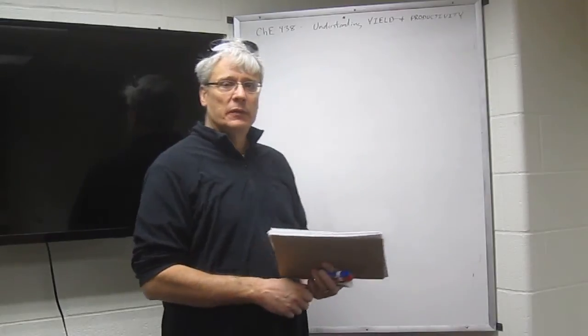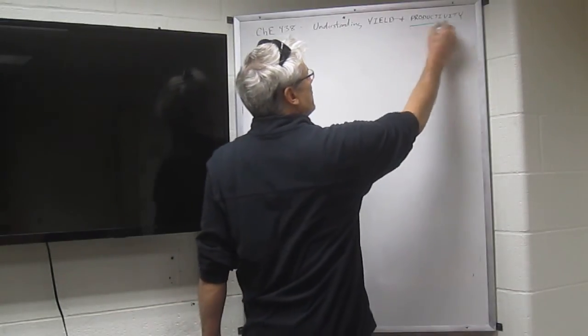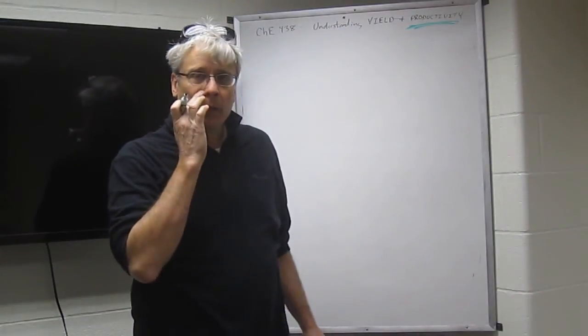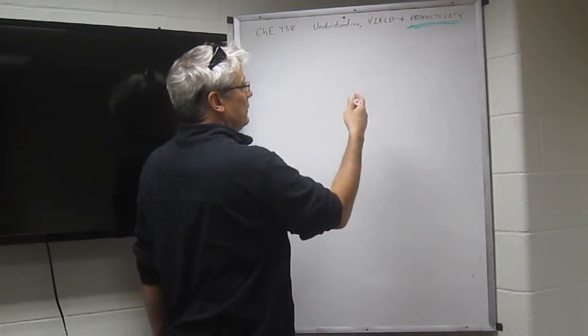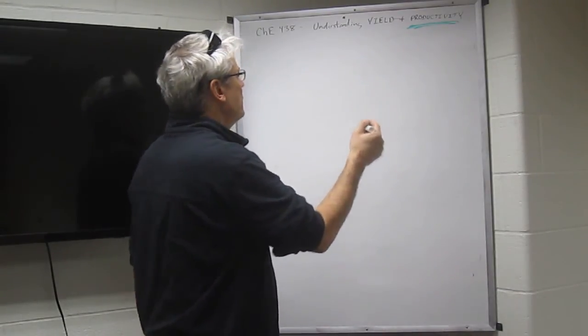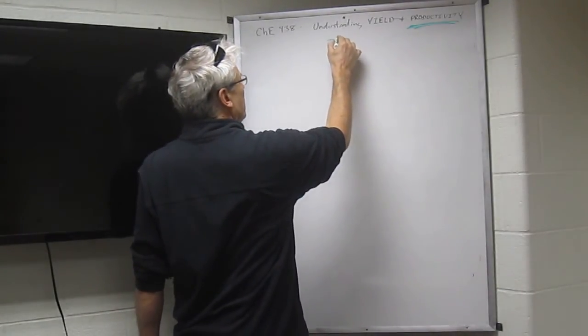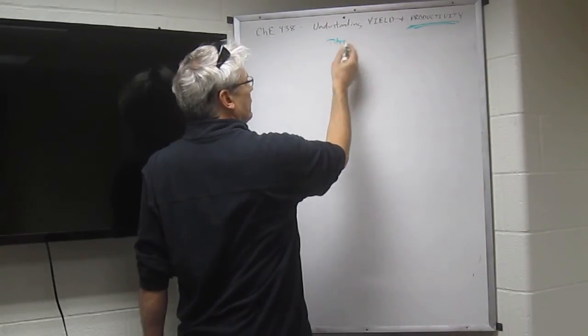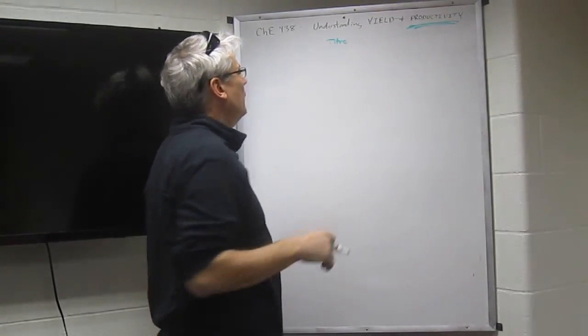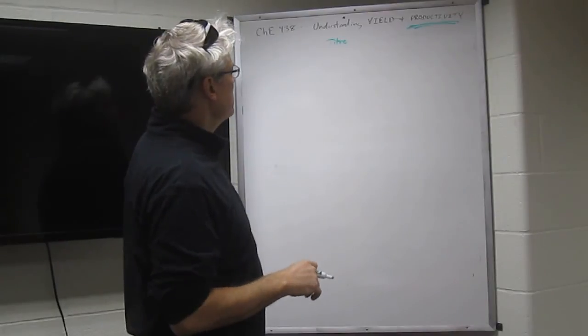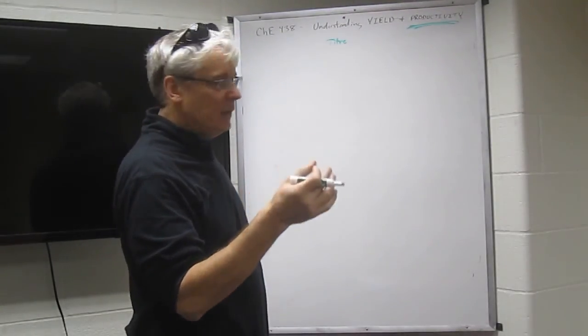Okay, so the next thing that I wanted to cover here was productivity. Productivity is important, and other words that you'll tend to see will be titer, the English version of it, and things like specific productivity, instantaneous, so on and so forth.